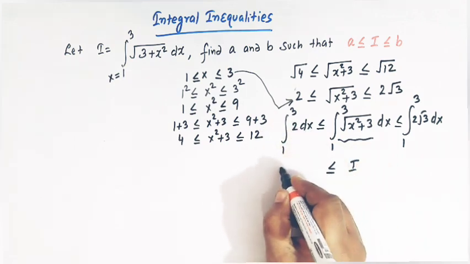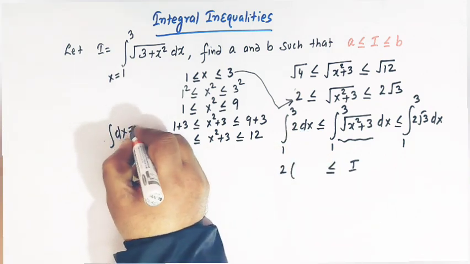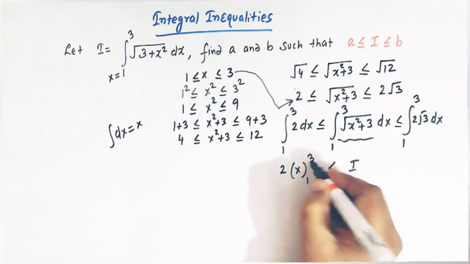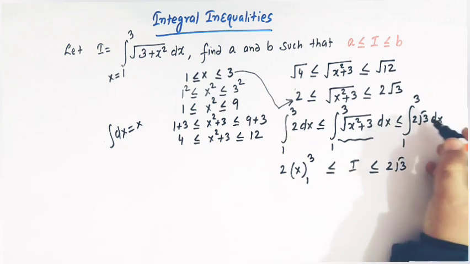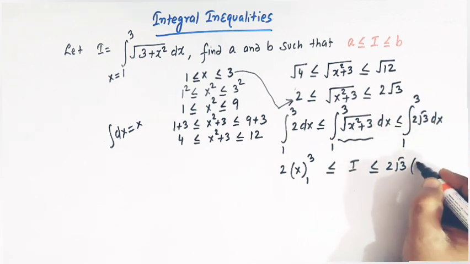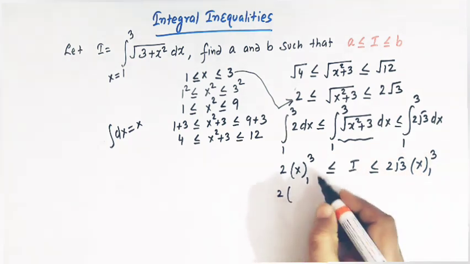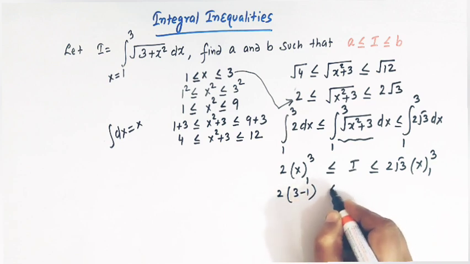and then the integral 2 dx can be written as 2, integral of dx is simply x. So here we have x, limits are from 1 to 3, and here also we have 2 root 3. Integral of dx is x, limits are from 1 to 3, right? So now substituting the limits and taking the difference, we have 3 minus 1.